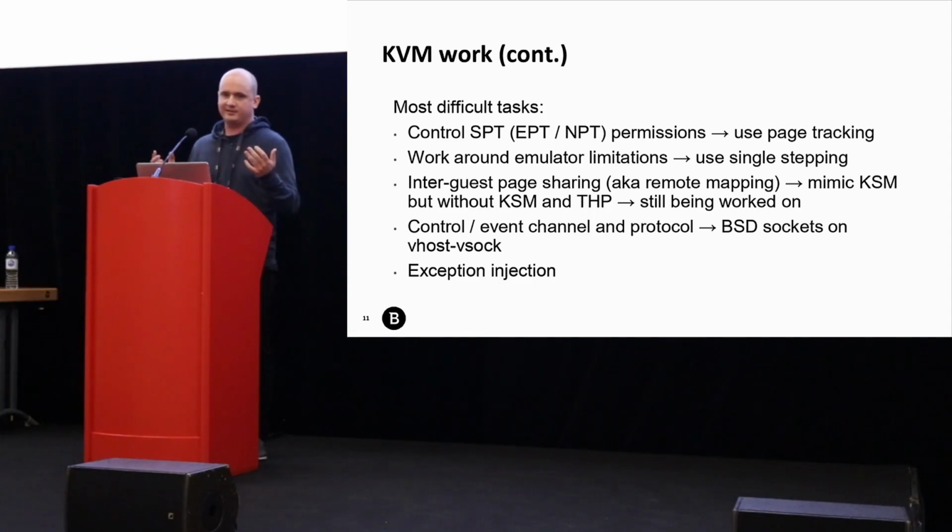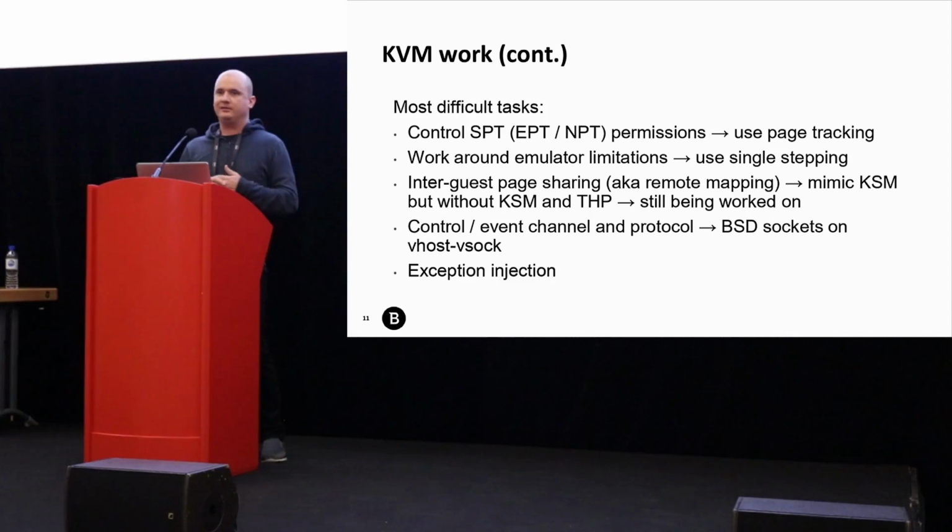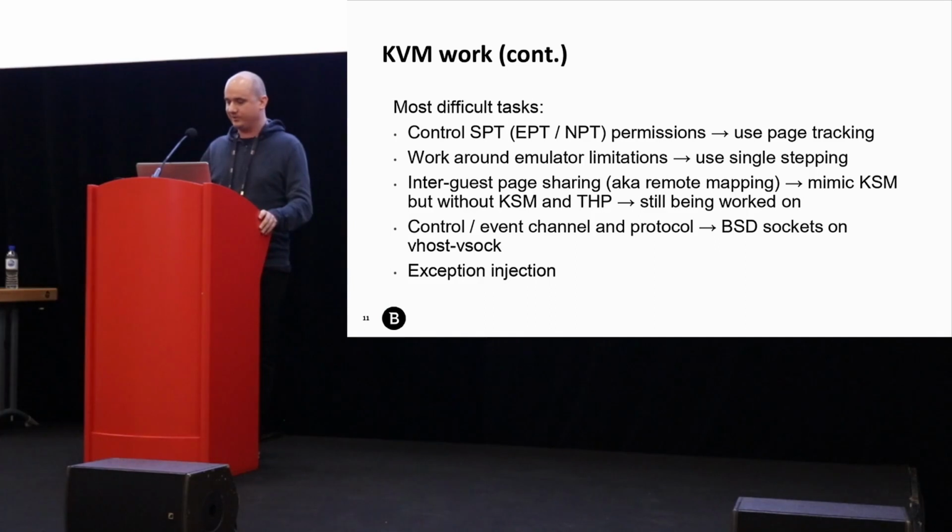The x86 emulator in KVM supports as many instructions as were needed at the time KVM was developed. With VMI, almost the entire set is required. In support for the entire x86 instruction set is required. However, there's a workaround for it, which is single stepping. It's a pretty straightforward mechanism.